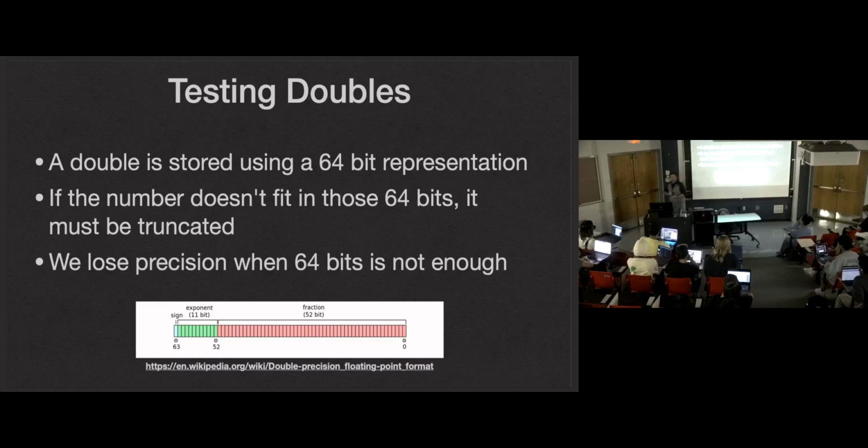And this is represented using scientific notation, but in binary. So it's 1 point, the fraction part, times 2 to the exponent, and then the sign, plus or minus, of course. So it's effectively scientific notation, but in binary.